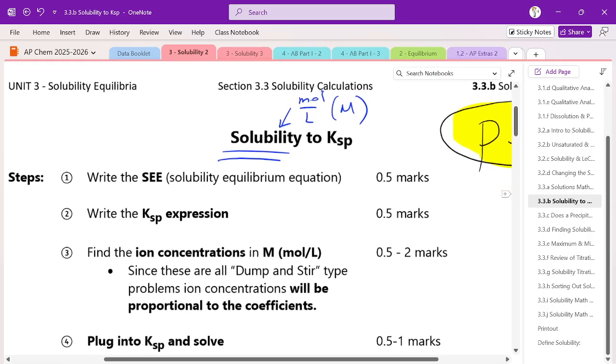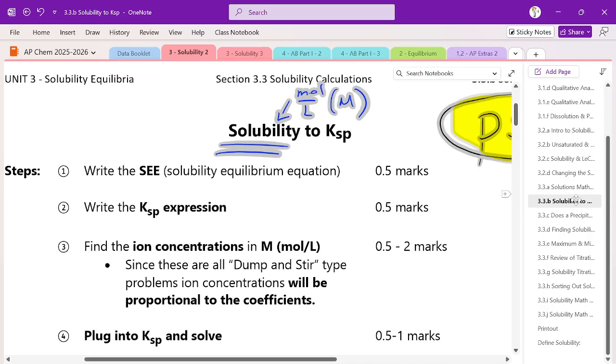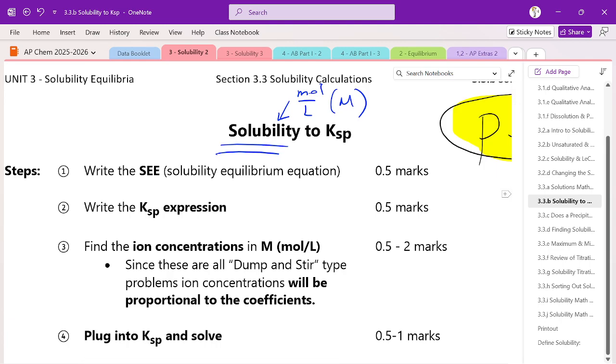The first thing you do is you write the solubility equilibrium equation. Yes? Then you write the KSP expression. You find the ion concentrations. These will all be dump and stir type problems.